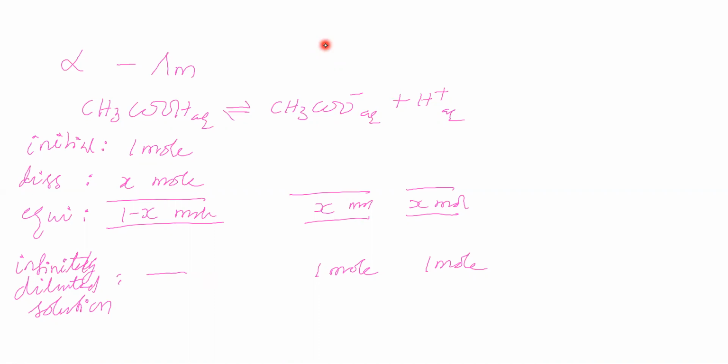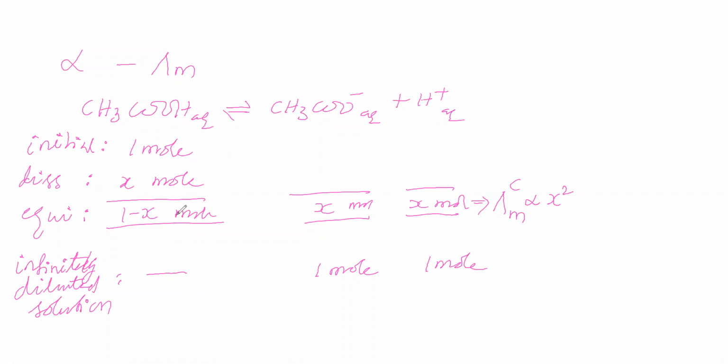Now we will go for molar conductivity. Molar conductivity at a given concentration depends on the x moles of H plus ions and x moles of acetate ions, not on the undissociated acetic acid.